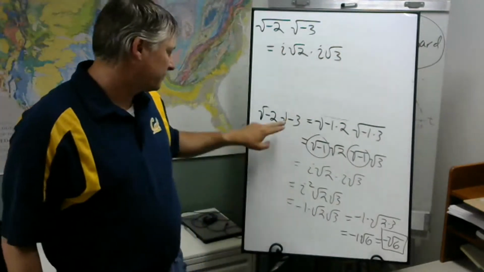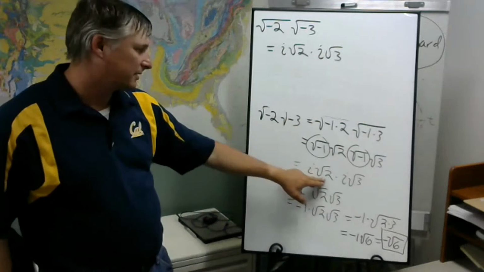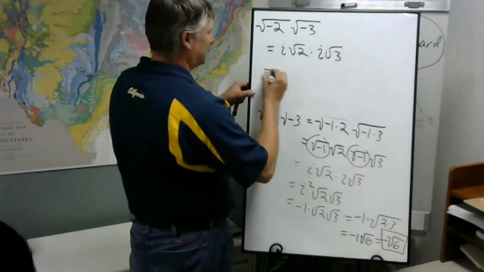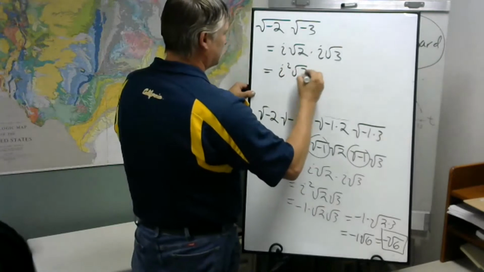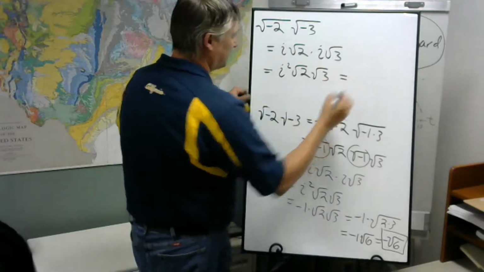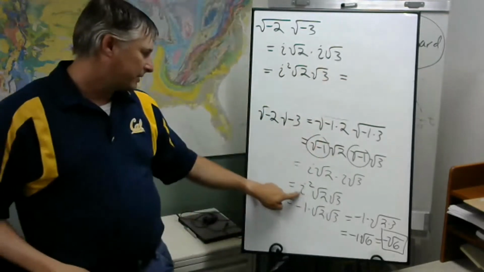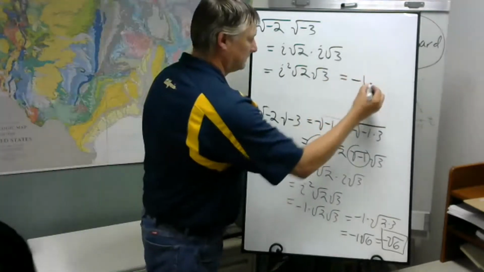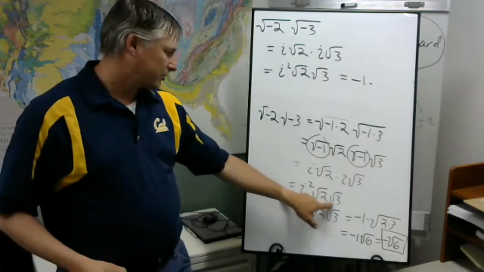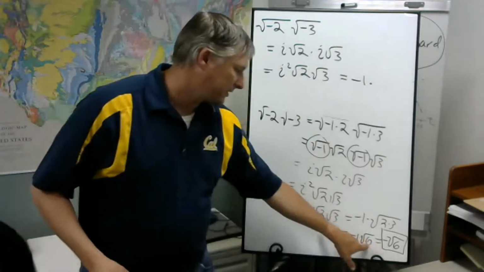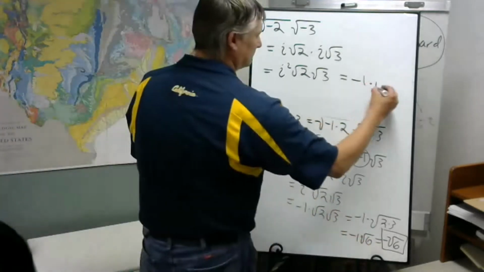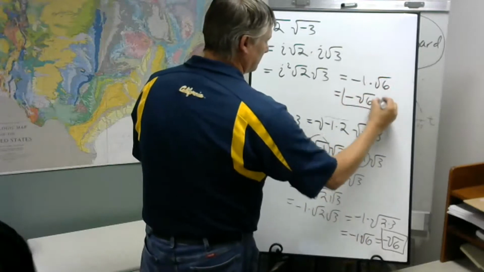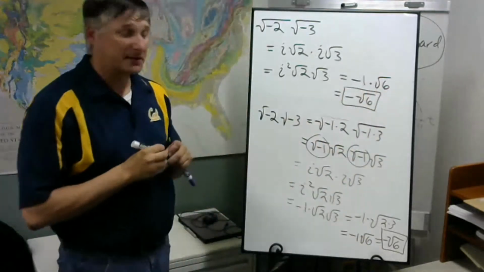So you can basically go from here to here if you want. And this will give us i squared square root 2 square root 3. We know i squared is negative 1. Square root 2 times square root 3 is square root 6. And so we get our answer.